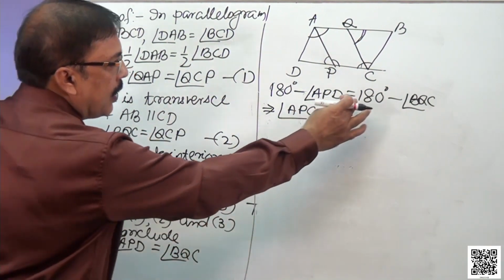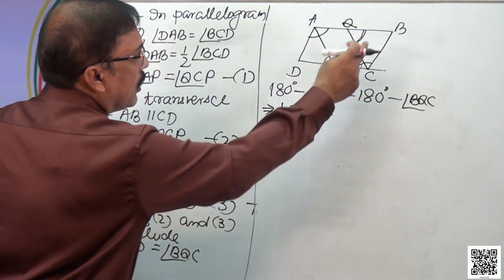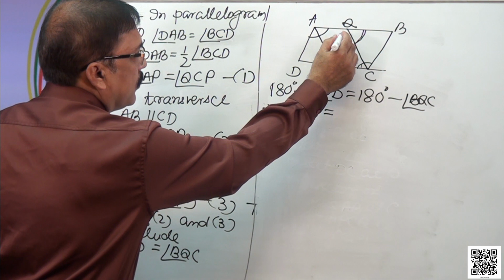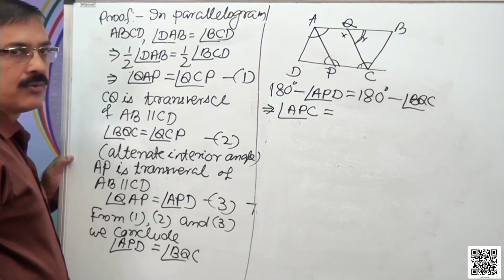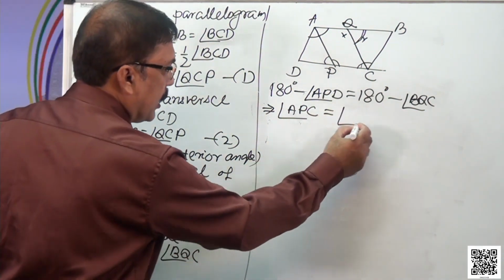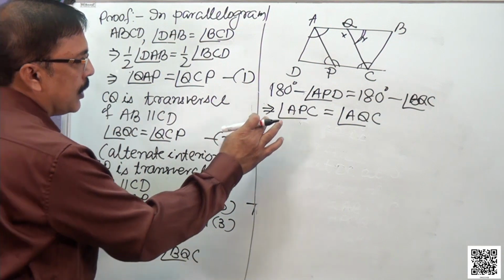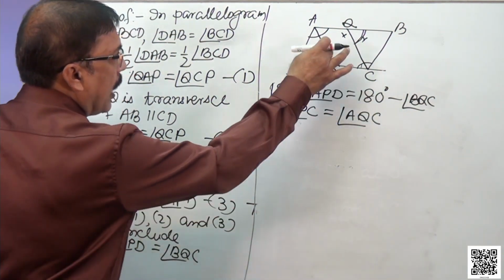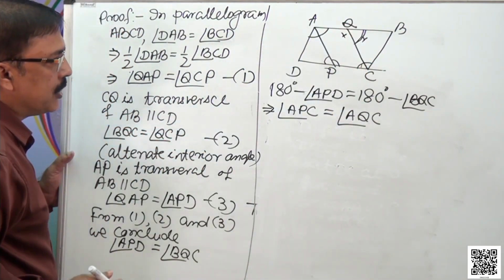In the next one, 180 degrees minus BQC: BQC and AQC form a linear pair. So 180 degrees minus BQC gives angle AQC. Now see, these two, APC and AQC, are opposite angles of the quadrilateral.